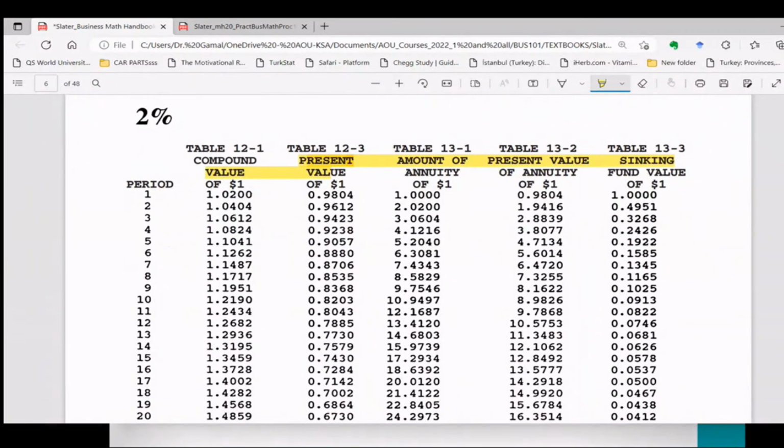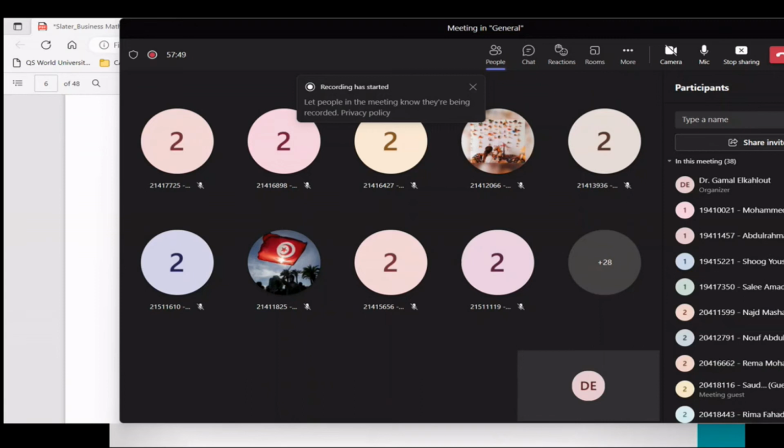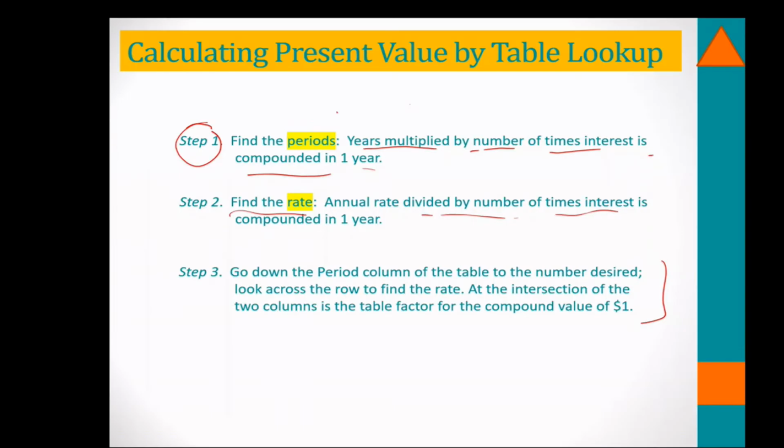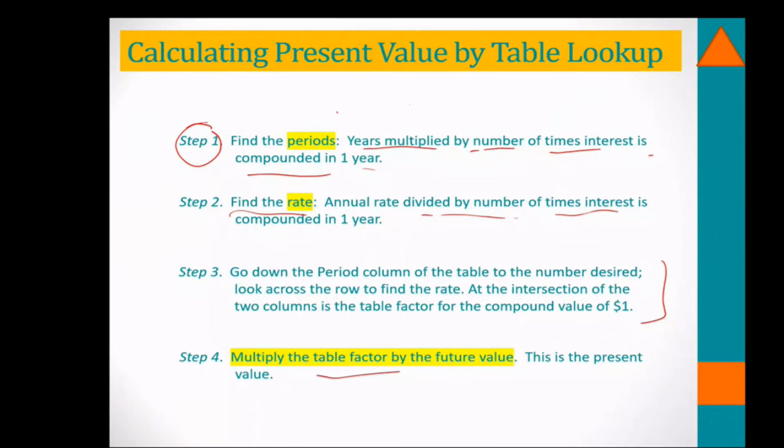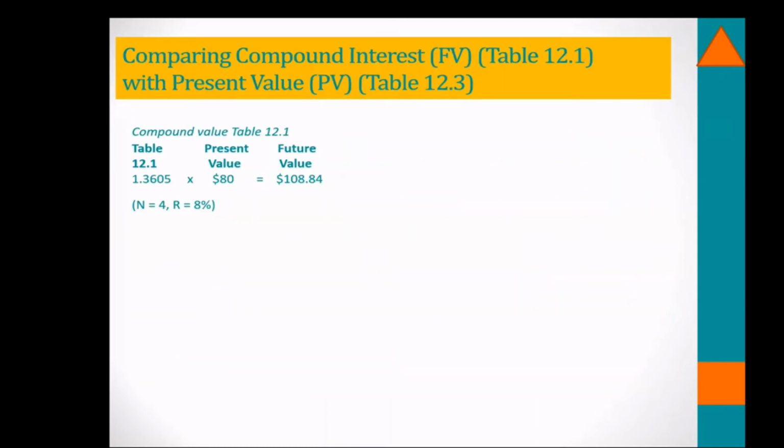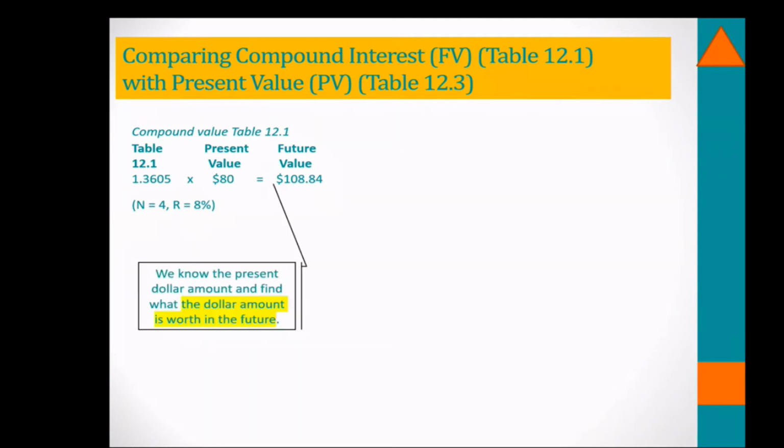This is the present value table. Let's take an example. If you have any question, you can ask me, please. Then I multiply the table factor by the future value, and you get the present value. Compounded interest table with the present value.